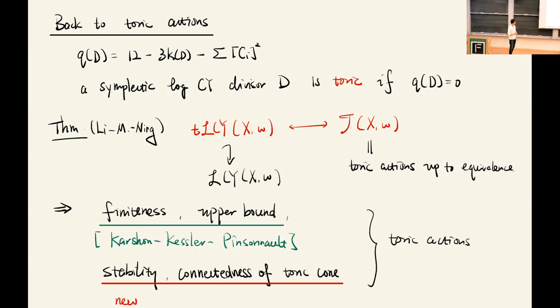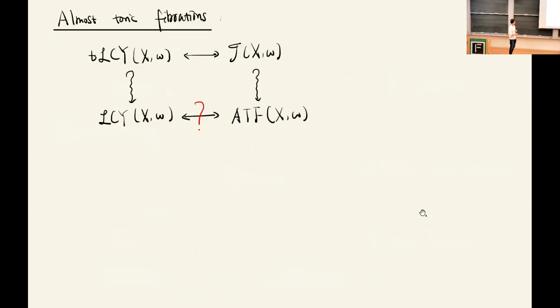study toric actions. And right now we're only considering a subset, the toric divisors, of the more general log Calabi-Yau divisors. So the next question is, what happens for general log Calabi-Yau divisors? Is there some correspondence with some more general torus fibrations?